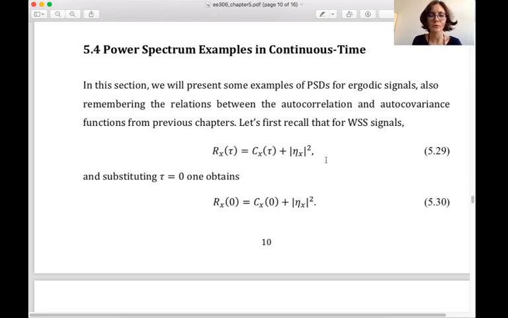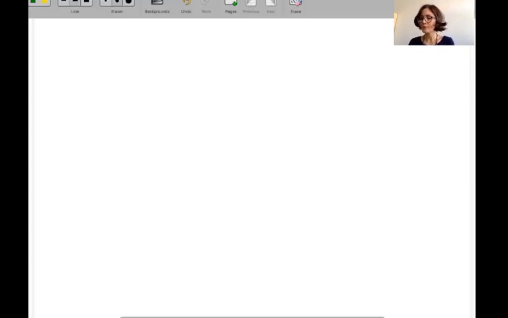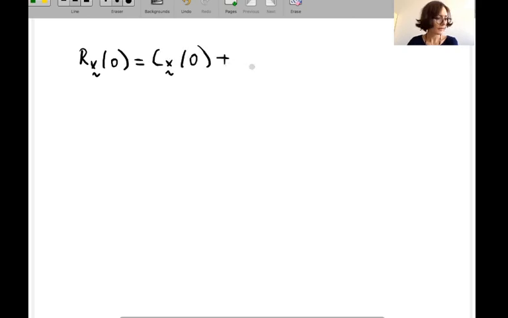This is quite easy to do. We have seen this before. Now, the trick is, let's see what happens when we plug in tau equals 0 into this equation. If you put tau equals 0, you have Rx of 0 equal to Cx of 0 plus the mean value square of the process.